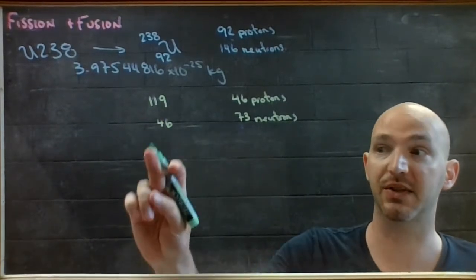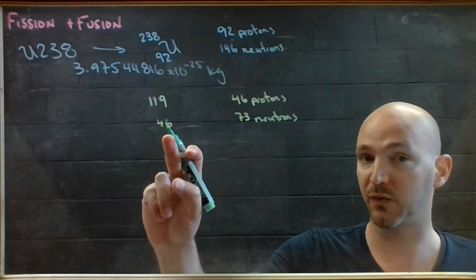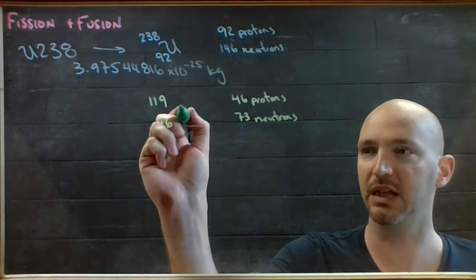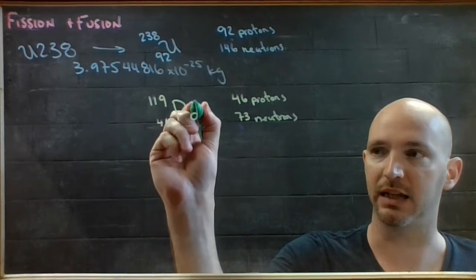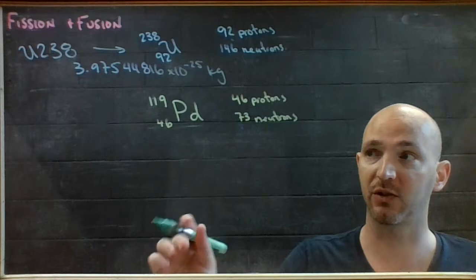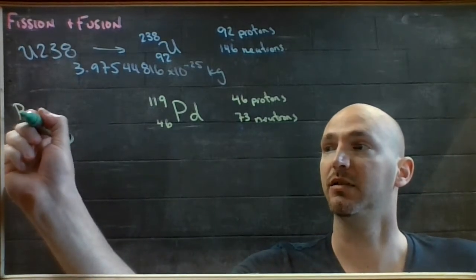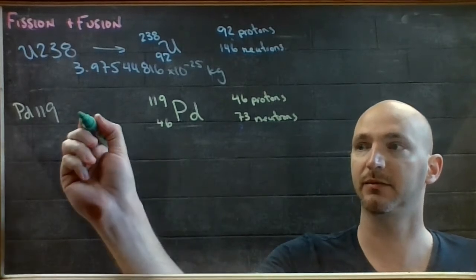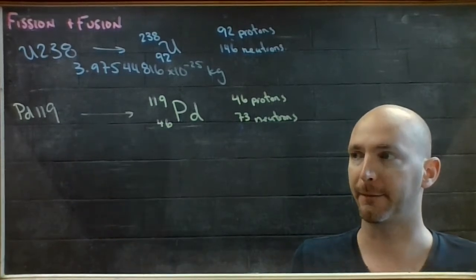Excellent. So if you scan to atom number 46 in the periodic table, you will end up with Pd, palladium. And this particular palladium would be Pd-119, palladium 119. Okay.